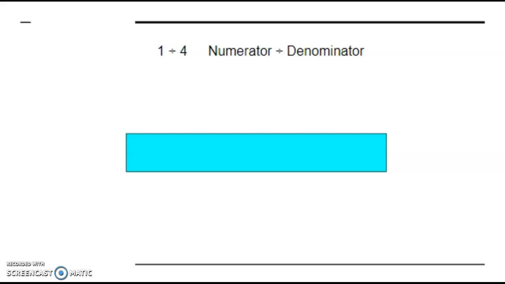I don't know, at this point it's something blue. This is known as our numerator, our whole, our biggest piece that we have. So our denominator is going to come in and it's going to cut this into 4 equal parts, just like so.